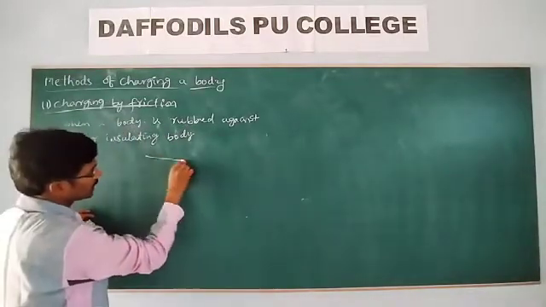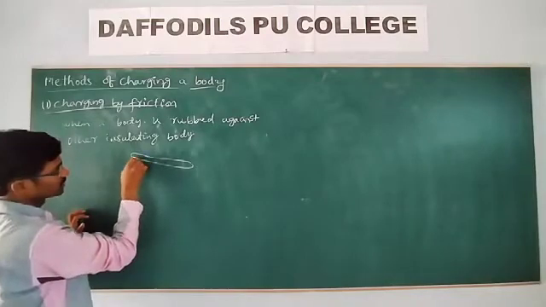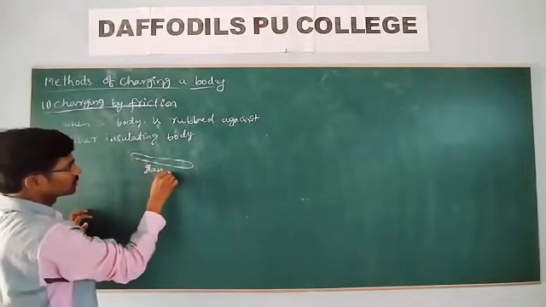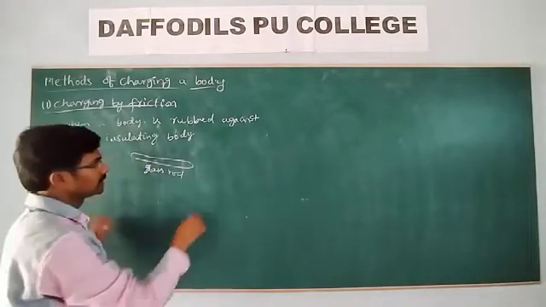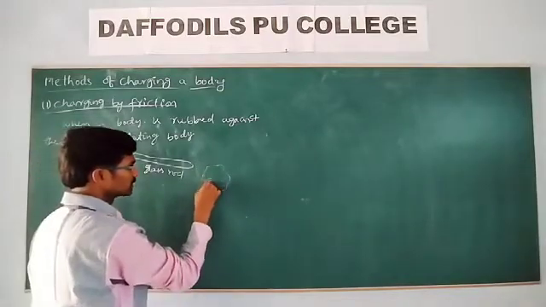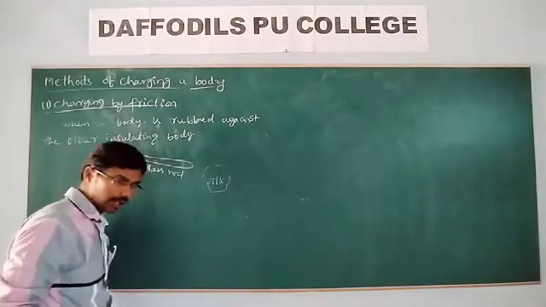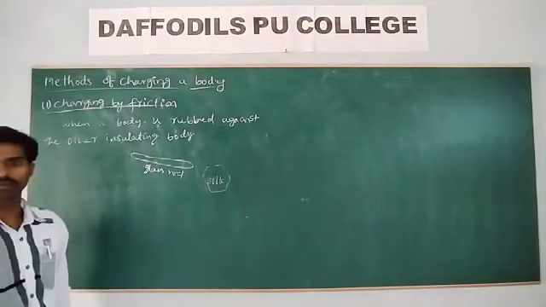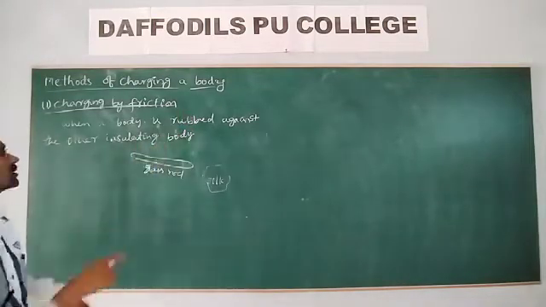So let us take a glass rod, and you take a silk cloth or amber or an ebonite rod, any type which are insulators.